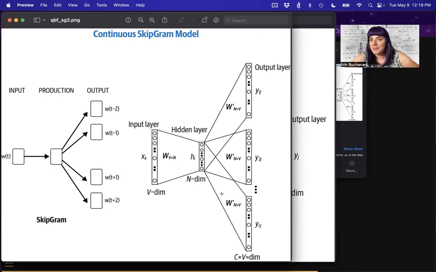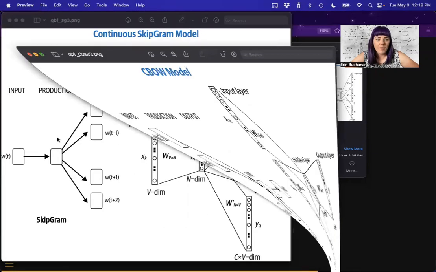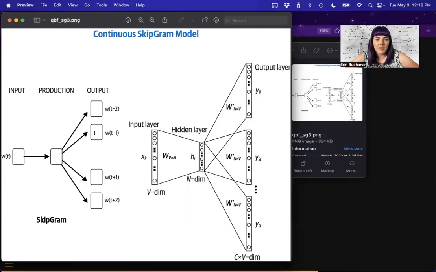They just didn't have enough room here. And so this is a continuous skipgram model. So kind of getting the whole context, predicting one individual word, versus getting the word and predicting the smaller context pieces.